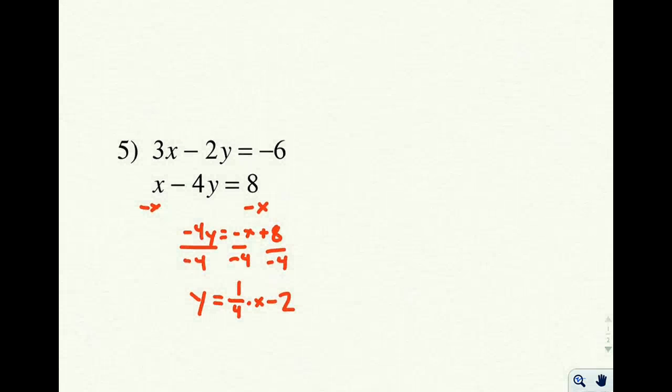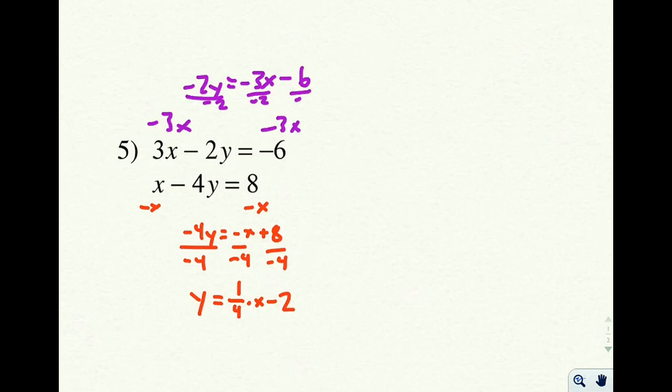Let's do our top equation here. We're going to have to subtract 3x from both sides, leaving us with negative 2y equals negative 3x minus 6. And we divide everything by negative 2, so that we get y alone. We get the negatives that cancel, so positive 3/2 x, and we get positive 3 here.